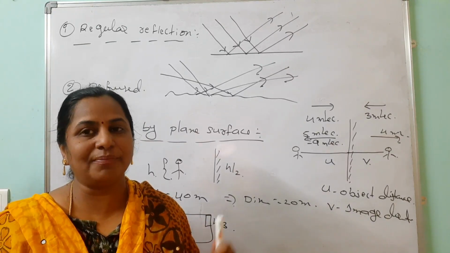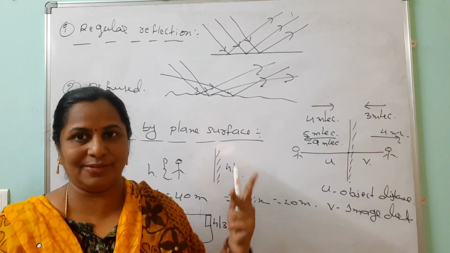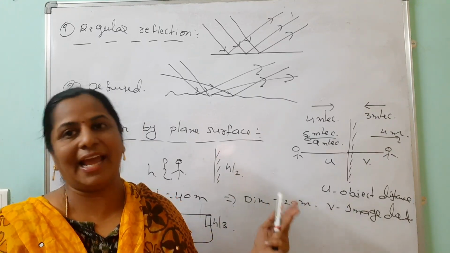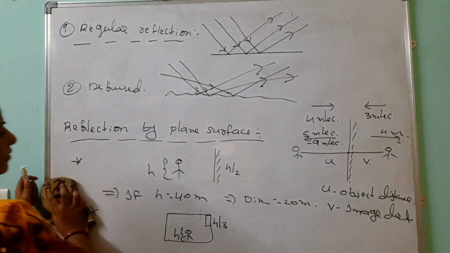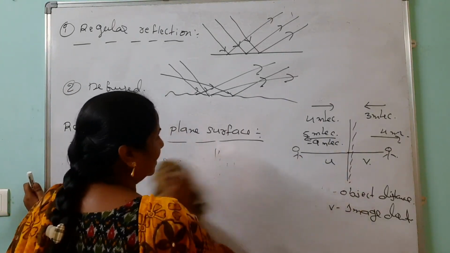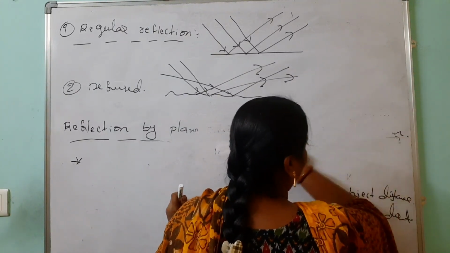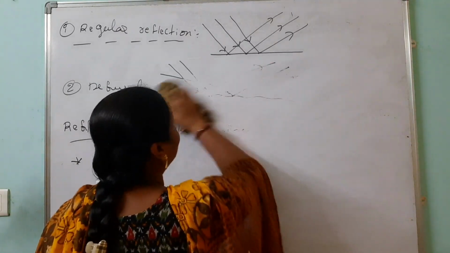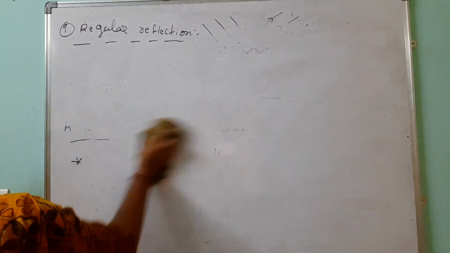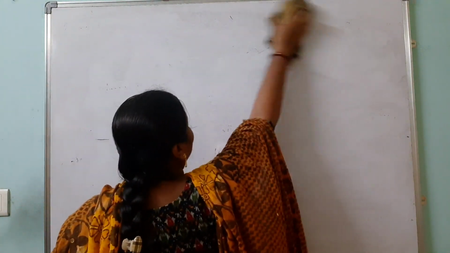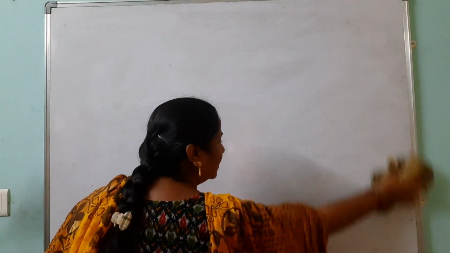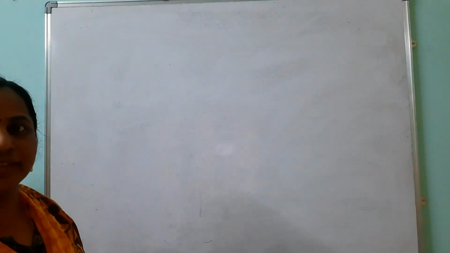We are using two mirrors, and based on the angle we can observe the number of images. Look here, the basic formula for this: if we take the mirrors and incline them at an angle of theta, how many images should we observe here? That is completely based on the angle between the two mirrors. That is also possible because of the reflection.